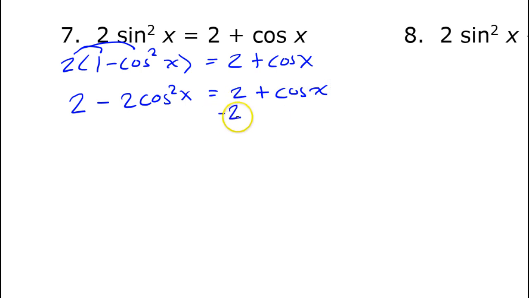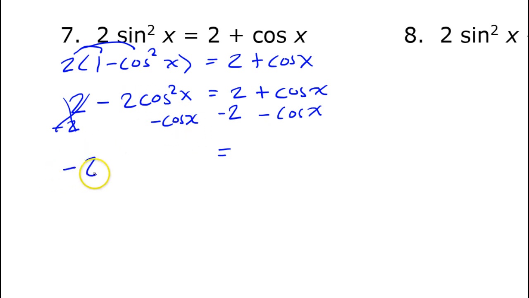So I will need to subtract 2 from both sides. I'm getting 0 on one side. And I will subtract cosine x from both sides. Okay, these are going to cancel each other out. So then I will just bring down the rest of this.